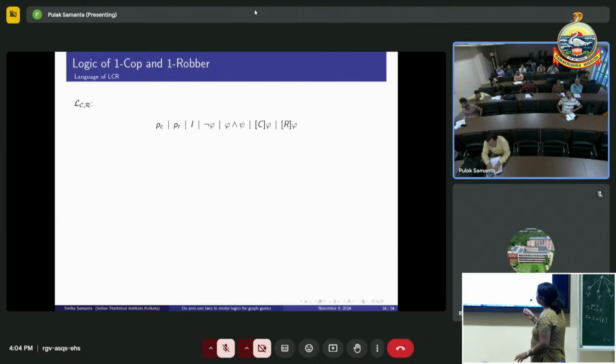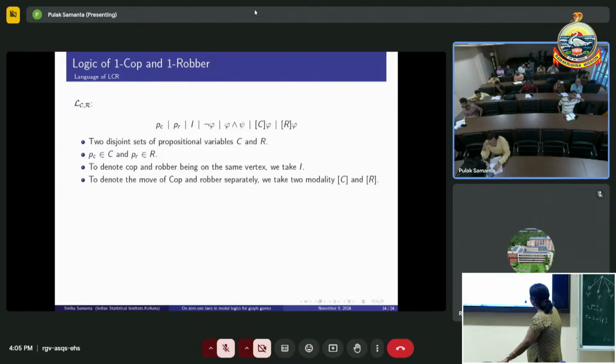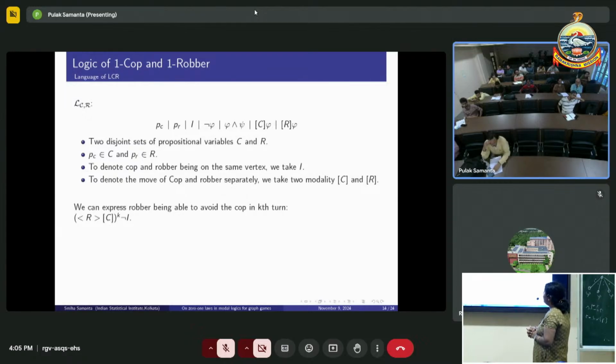And to describe the point where they are in the same vertex, we have I. So there are two disjoint sets of propositional variables, one is C and one is R, with the propositions coming from C and from R, and we have I. In this logic we can describe that the robber can avoid the cop in the kth turn, or that the cop can catch the robber in the kth turn, and many such things.